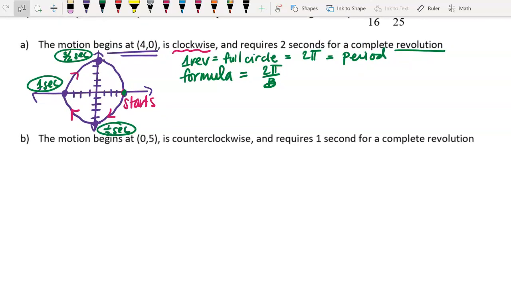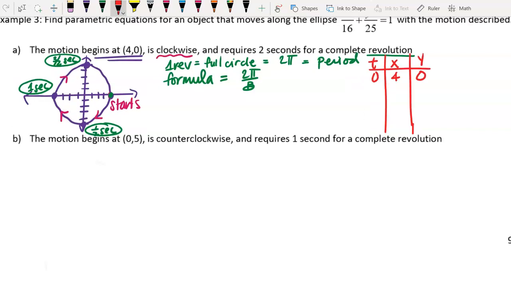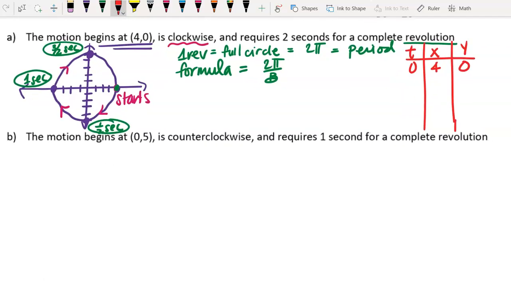It says here that we are supposed to write a parametric equation. So I'm going to make a chart. You don't have to. When you get really good, you don't have to make charts at all. At time equals 0, what is the x value and what's the y value? X is 4, y is 0. Do you guys agree with that statement? What's the next time frame for this object?